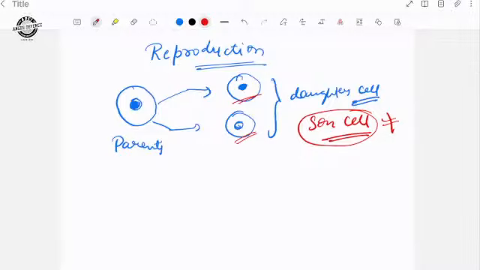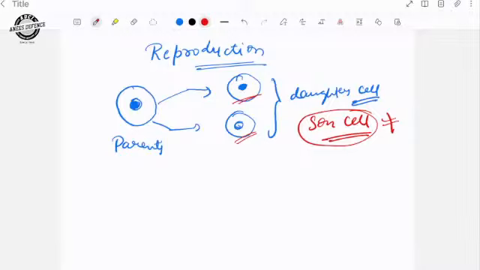Reproduction means that any single organism has the capability to produce offspring or progeny of its own kind. The characters which the parent has, the same types of characters are going to be obtained by the daughter cells of their own kind.